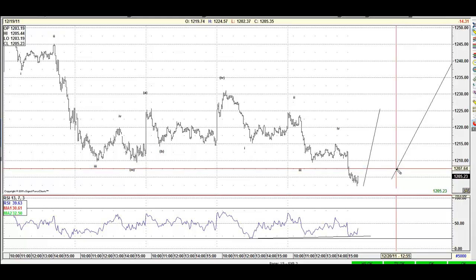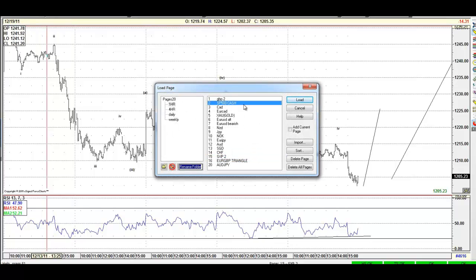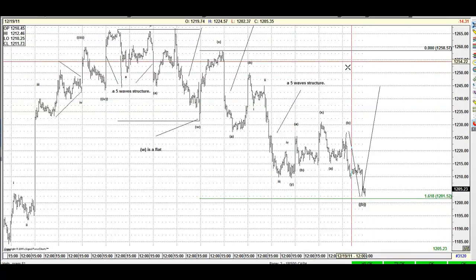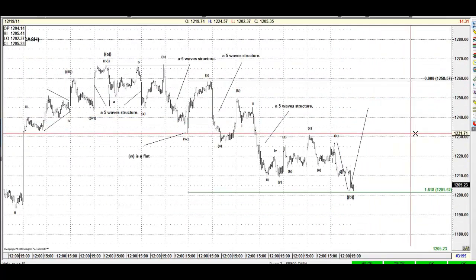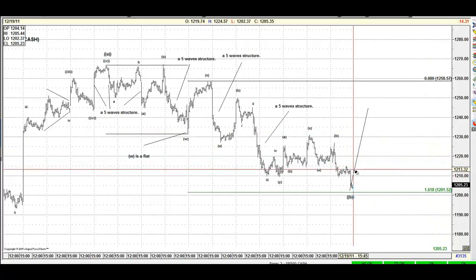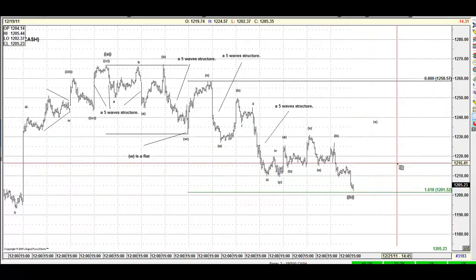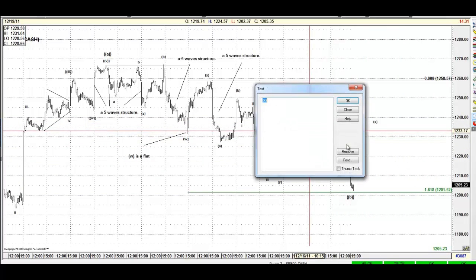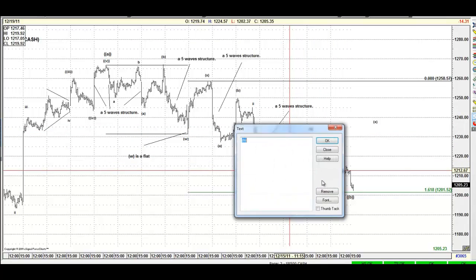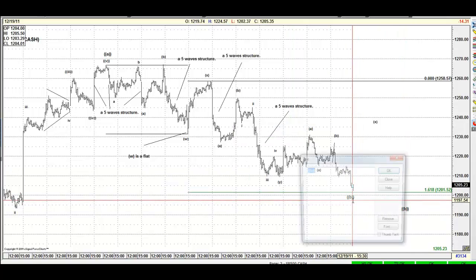Now, there is an alternative that I want to present to you guys, which is in this scenario. This alternative is calling that what we got today is a B-wave low. In other words, this is S right here, and then we got A, and then B is going to be a bit lower.